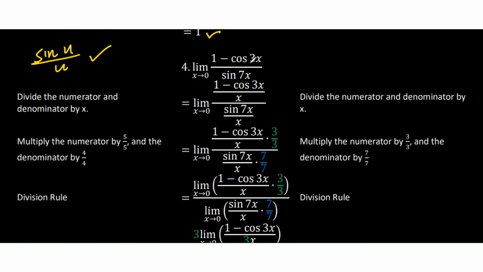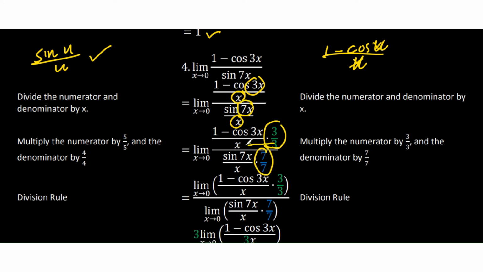The fourth example, 1 minus cosine 3x over sine 7x. Okay, in this case, we are forming 1 minus cosine x over x, or that is u over u. So that, to be able to have that, you need to divide both the numerator and denominator by x. Okay, now following 3x here, we need to assume 3 over 3. 7x, 7 over 7.